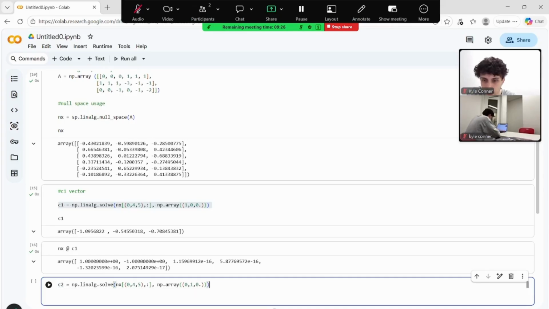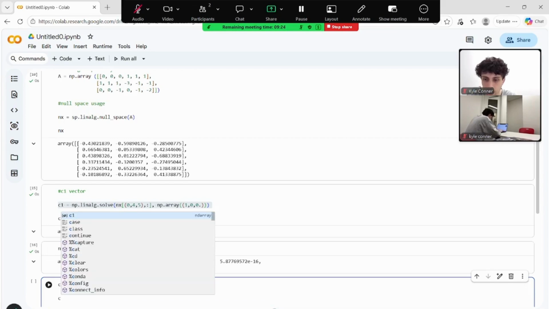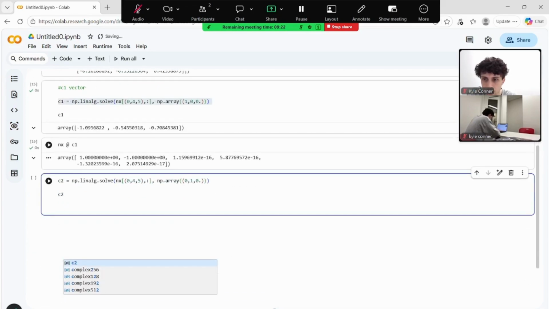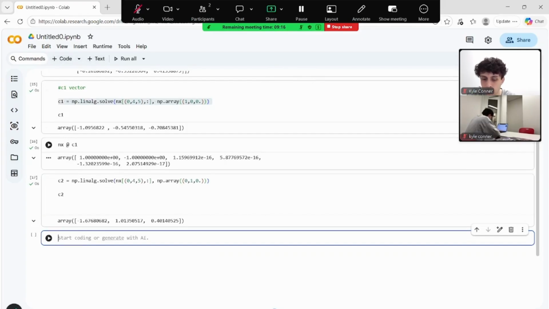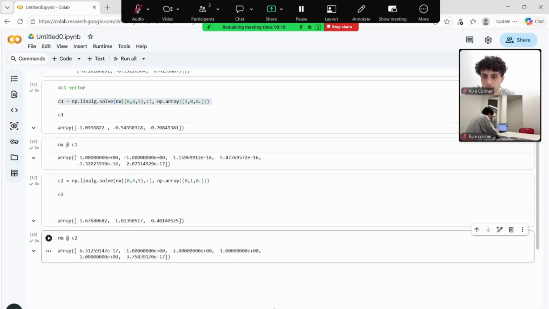And then we'll run this. We get that array. Great. So nx at C2 is we get this number. So first, let's write this out a little bit.